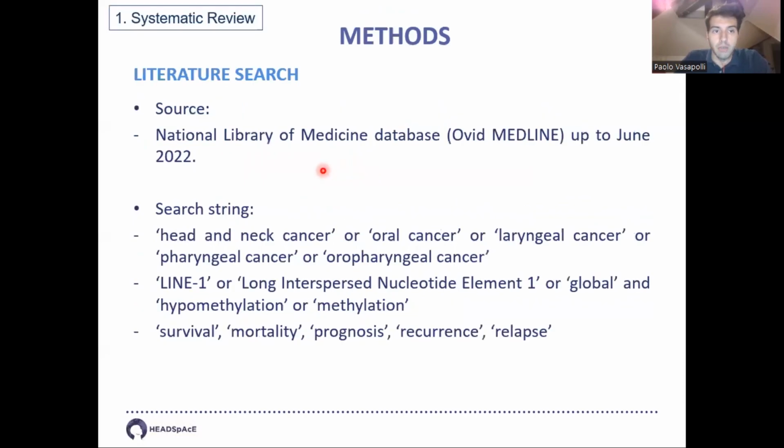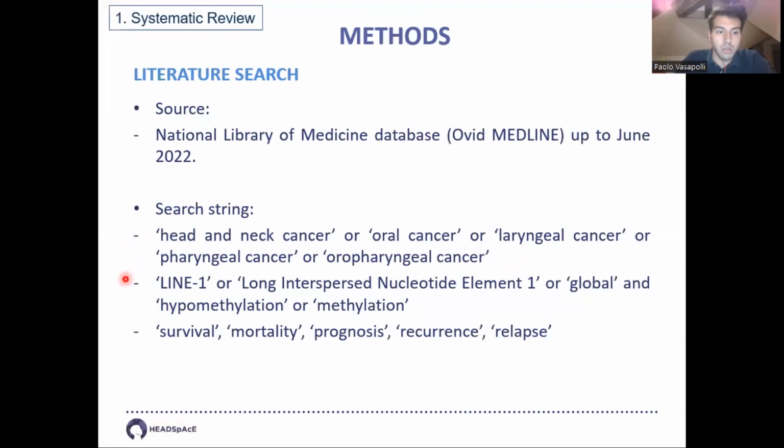So the systematic review starts from the National Library of Medicine database, in which we searched using some specific keywords in order to select only the papers related to some specific cancer. Here you can see the subgroups of cancer that we were looking for.